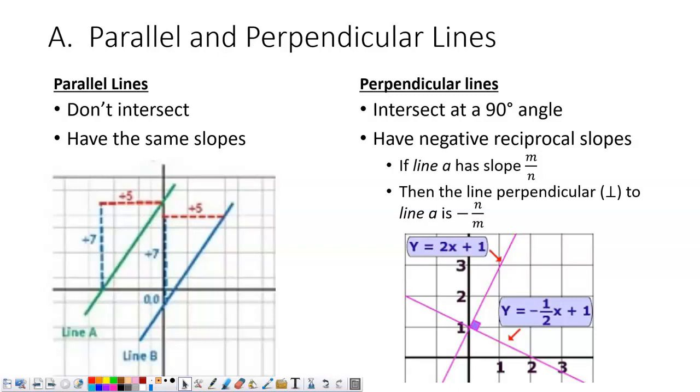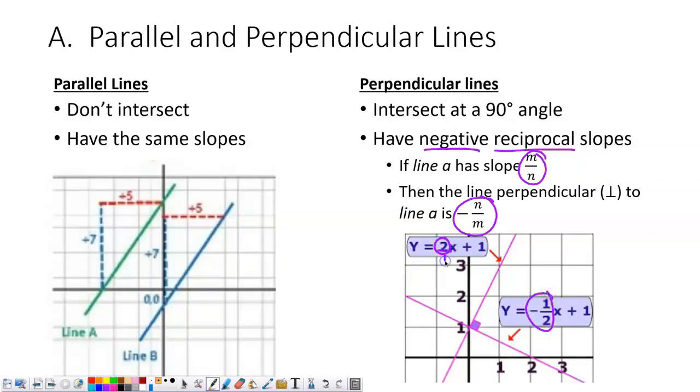But here's the really interesting part about these. Their slopes are negative reciprocals. So what that means is that if the slope of one of those lines was m over n, the slope of the other one would be negative n over m. So it's the fraction flipped over, and also the opposite sign. For instance, looking at this problem here, one line has a slope of 2, the other one has a slope of negative 1/2.